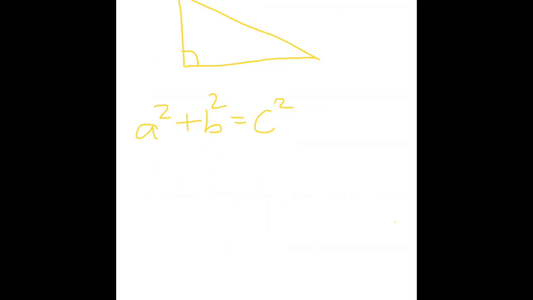Let's look at some special case triangles. We have a 30, 60, 90 triangle, and we have a 45, 45, 90. These are not drawn to scale.